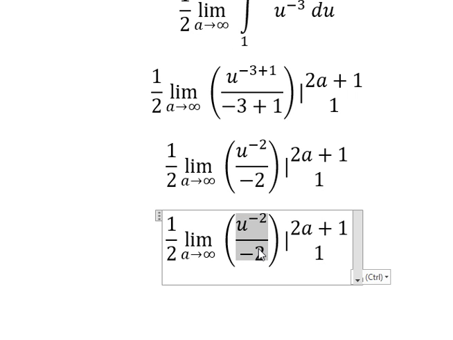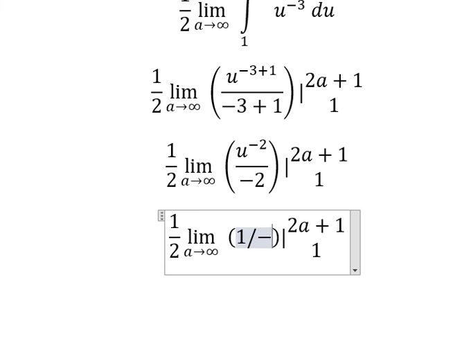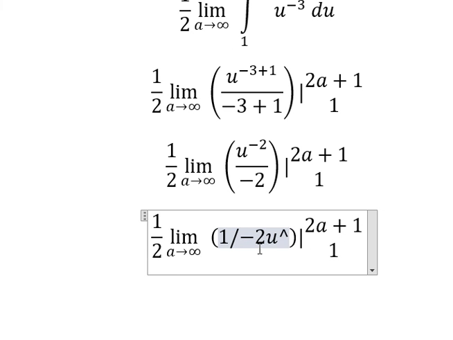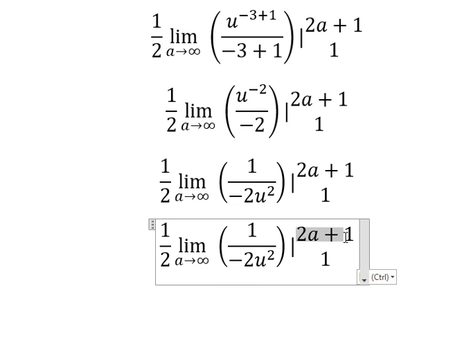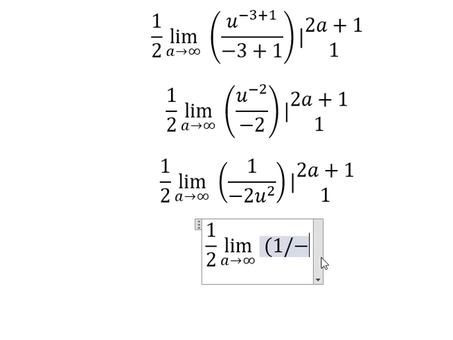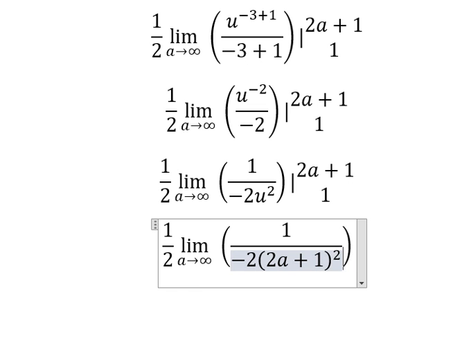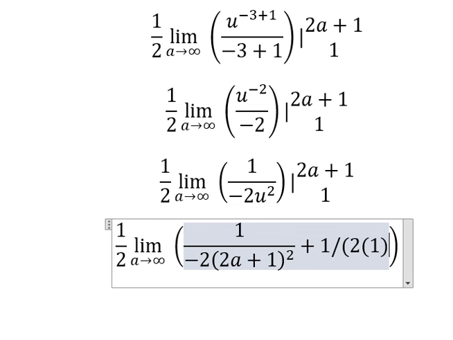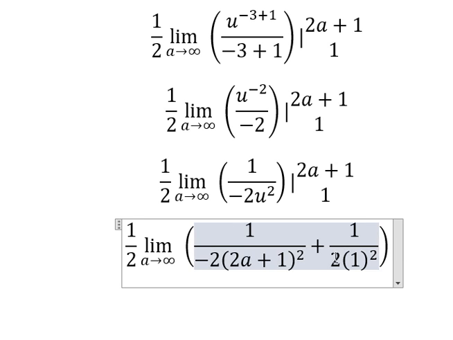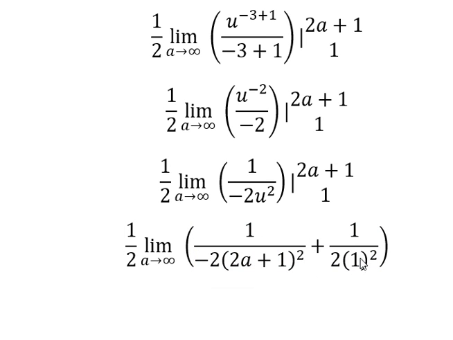So we can put it into 1 over negative 2 u to the power of 2. And now we can put the bounds going here and here. So this one we have 1 over 2.